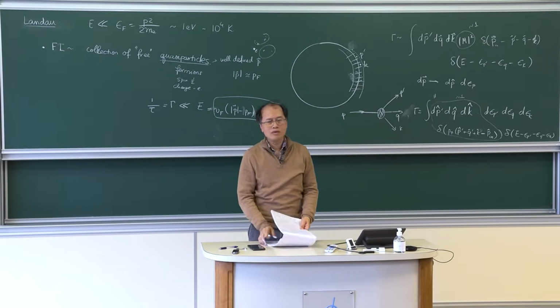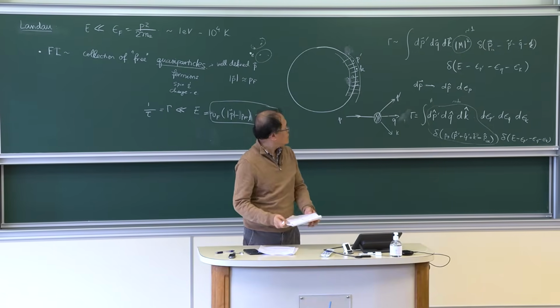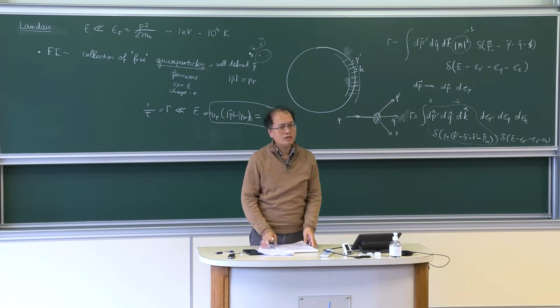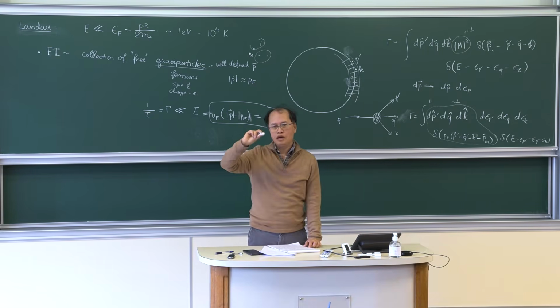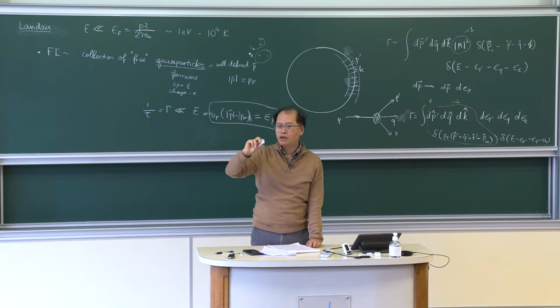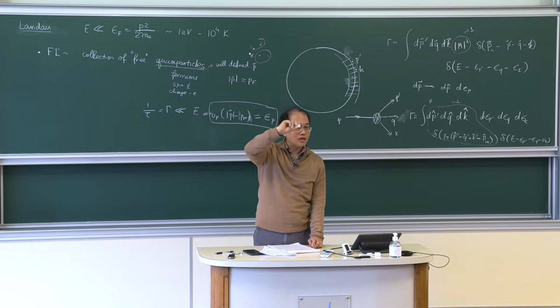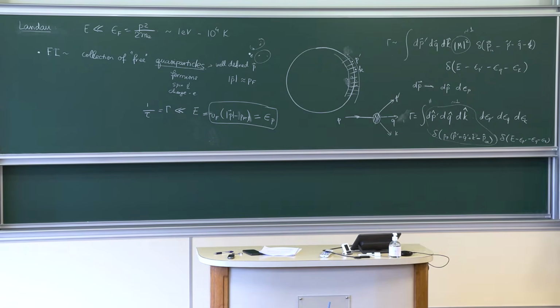In this estimate, it will be replaced by some constant, and the energy dependence of the width is squared. That means as I go to lower and lower energy, the pole in the particle propagator becomes closer and closer to the real axis. That is, this gamma becomes much smaller than E.